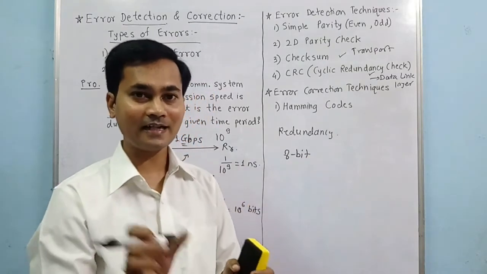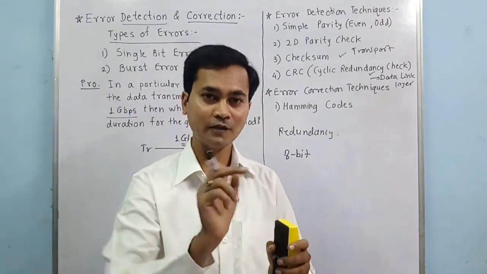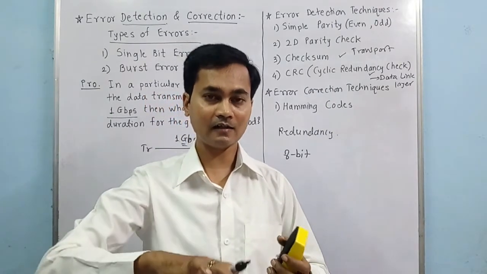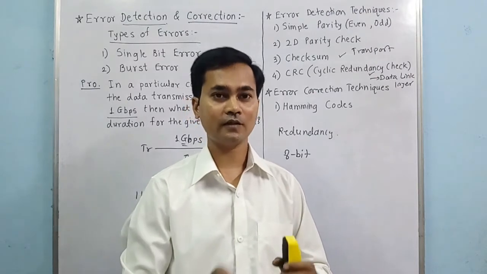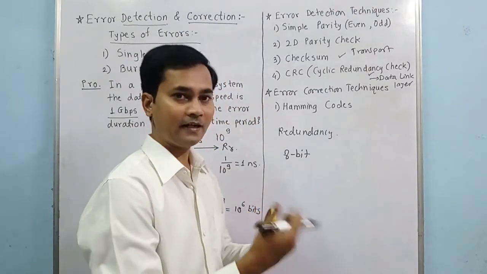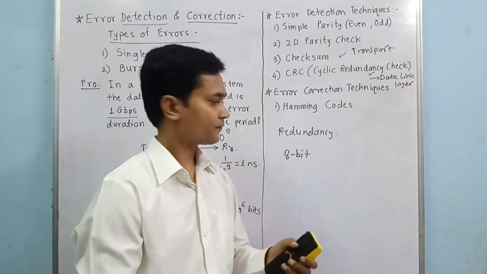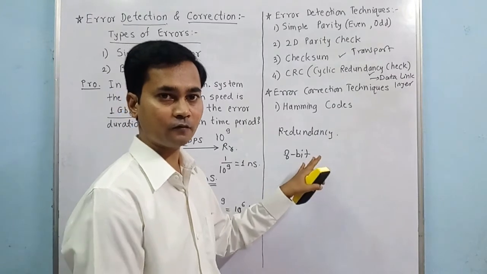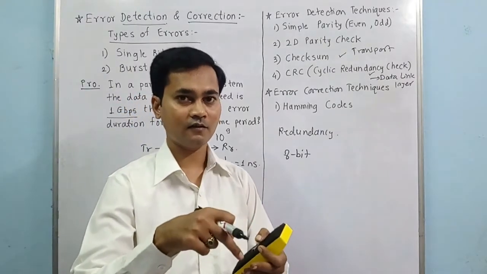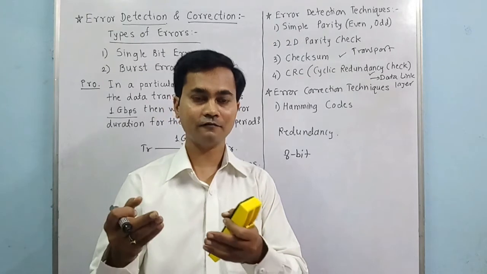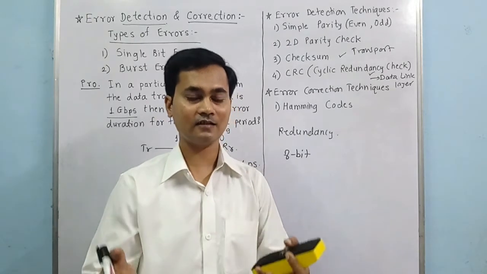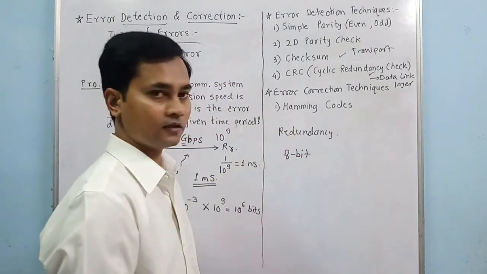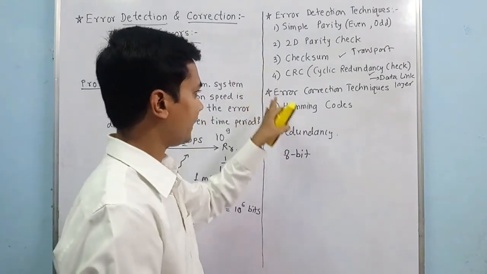The transmitter attaches some additional bits so that the receiver will be able to detect the error and correct it. That is why we implement such systems using redundancy bits, so that the receiver can find out at which position the bits are changed in the received data. This is all about error detection and correction.